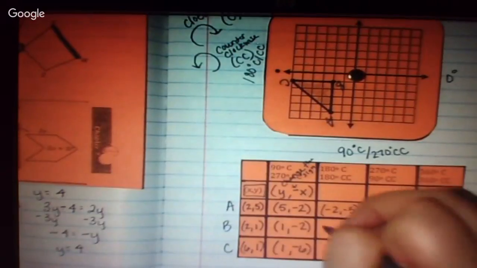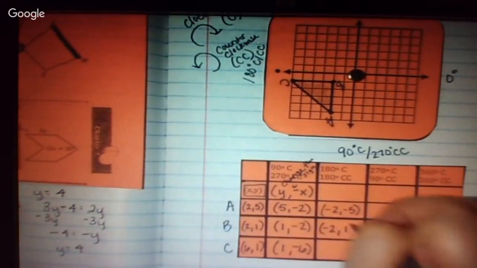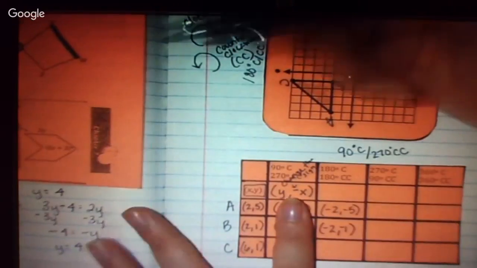So if you look at your points now, where is point A? -2, -5. Where is point B? -2, -1. Okay, so do you see the pattern? Don't look at this column, look at your originals.